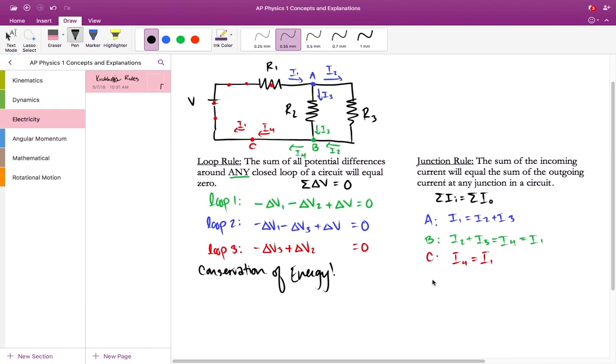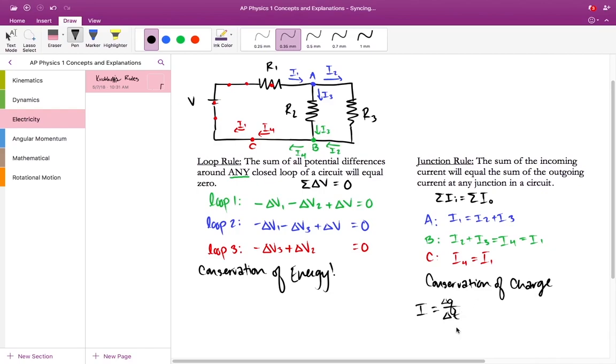And this is a statement of conservation of charge. Because remember that current, you have this equation on your formula sheet, is equal to some amount of charge over some amount of time.